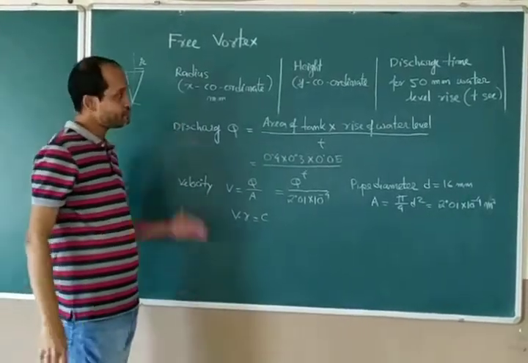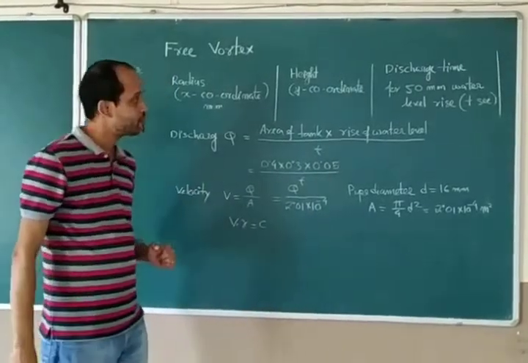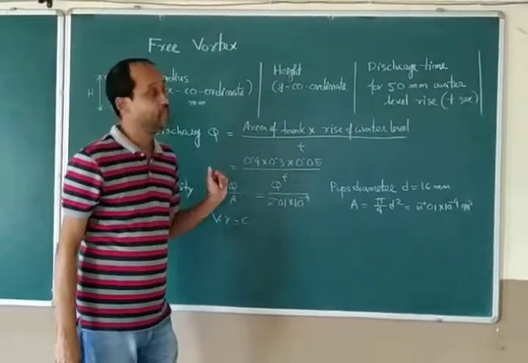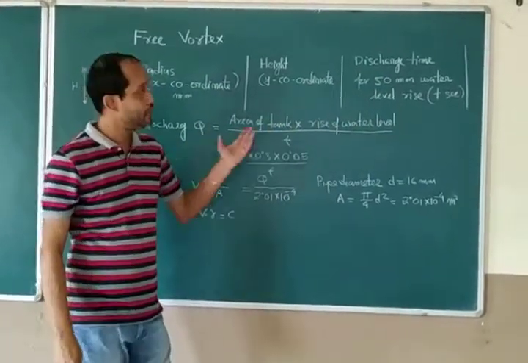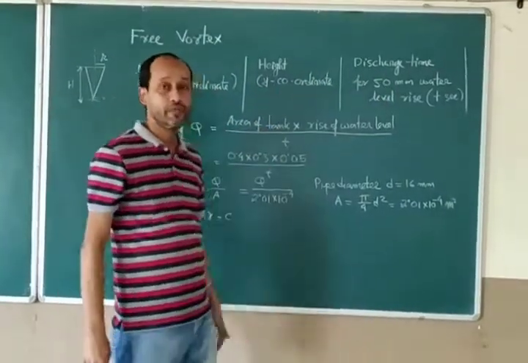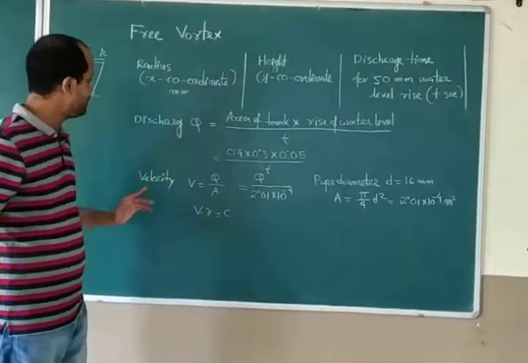After that, in the experiment you will get one measuring tank. In that measuring tank, you have to take the time reading for a 50 mm rise of the liquid. Here we are considering water, so the rise of the water level is up to 50 mm. From that you can easily find out the discharge.